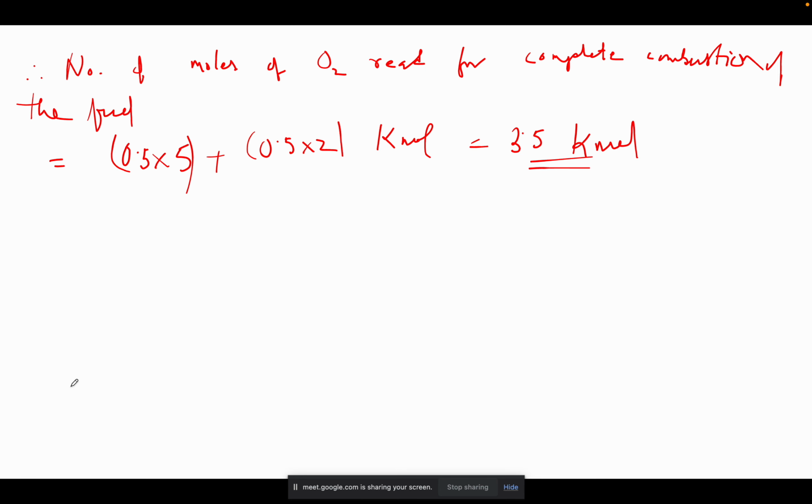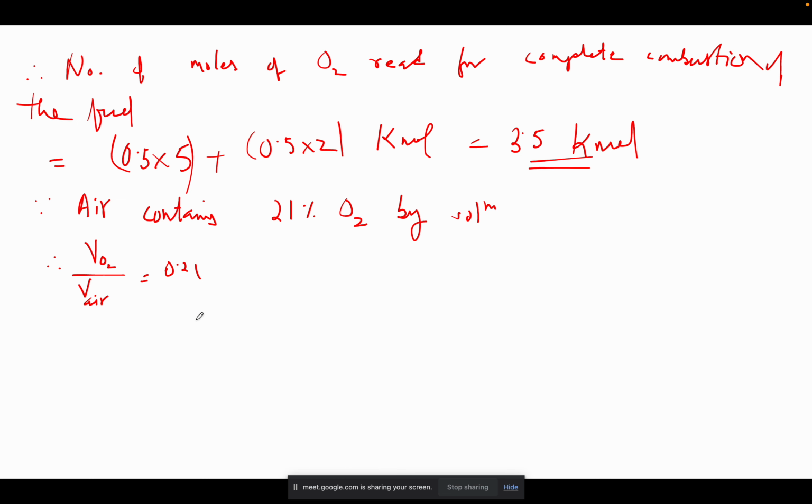Now what happens, we already know that since air contains 21% oxygen by volume, therefore V of oxygen divided by V of air is 0.21.